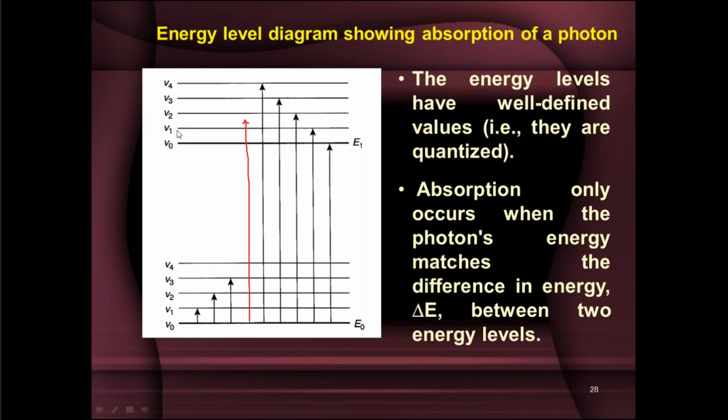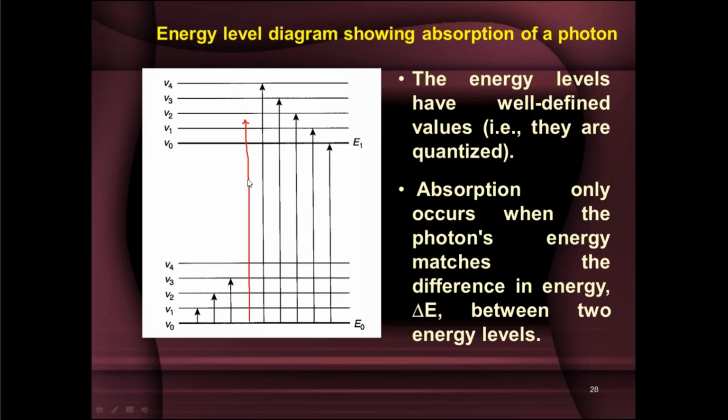It is the difference between V1 and V2, half of it, so it is V1 and a half minus V0 of E0. If a photon possessing so much energy is incident on this analyte, then that photon will not be absorbed, because this energy does not correspond to the difference between any two energy levels in the molecule.